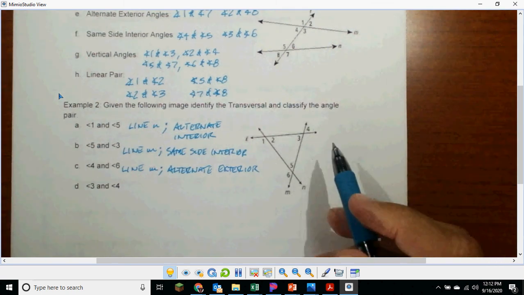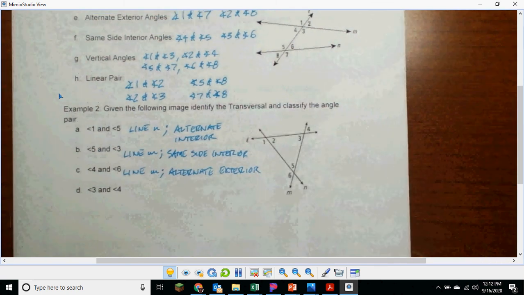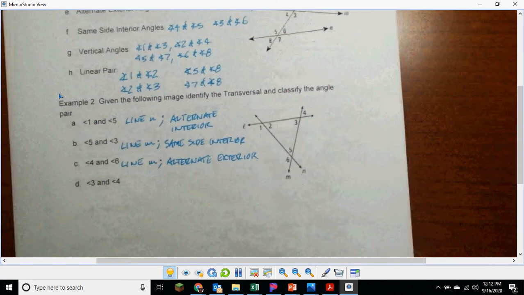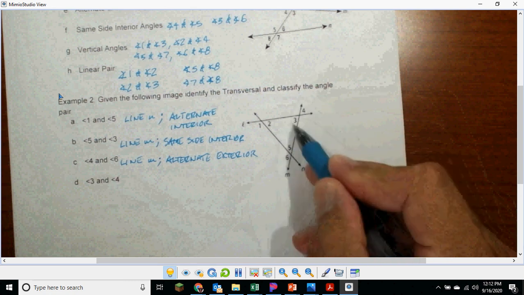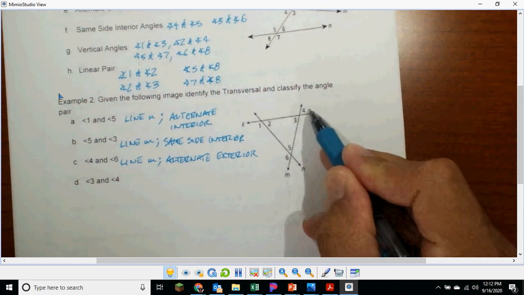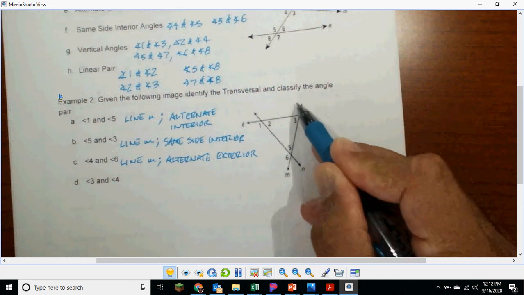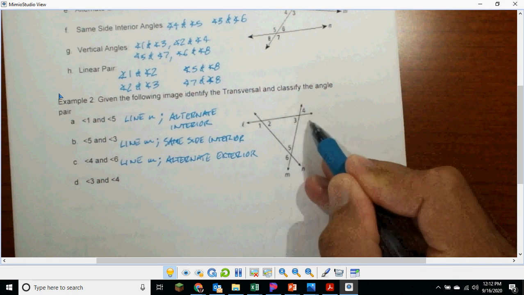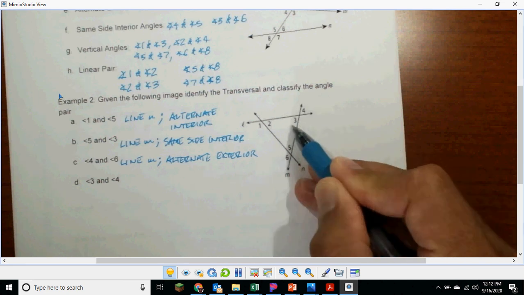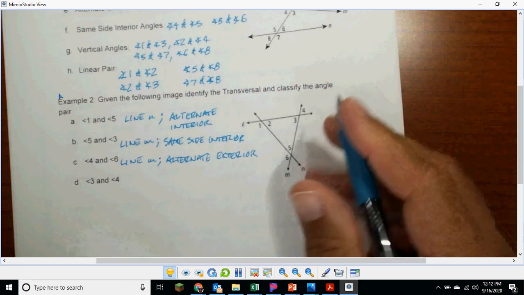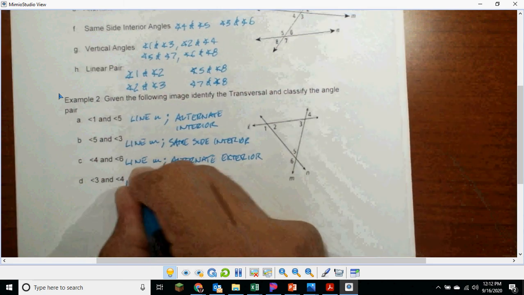All right, the last one, angle 3 and angle 4. Now, if I look at angle 3 and angle 4, they both happen at the same intersection. All right, making a circle. The video is too slow to catch the circle. Angle 3 and angle 4 happen all in one intersection, so there is no transversal.